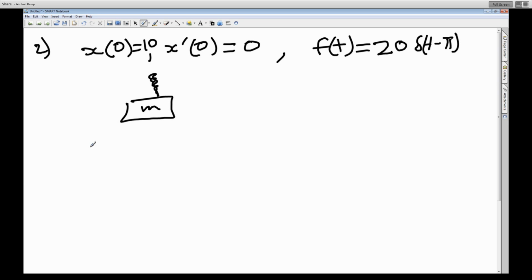So back to terms of differential equations. Everything else is as before, so we have 10 times the second derivative plus 40 times x is equal to 20 Dirac delta of t minus pi.